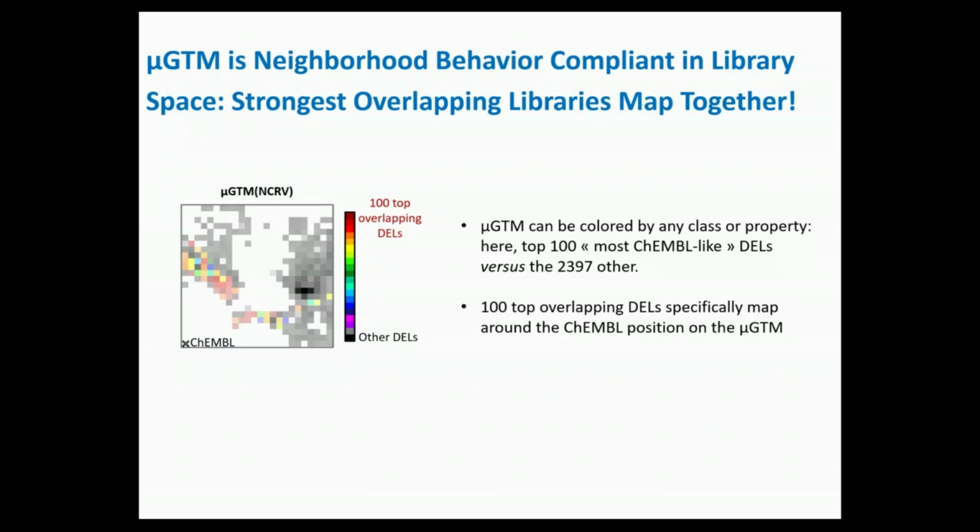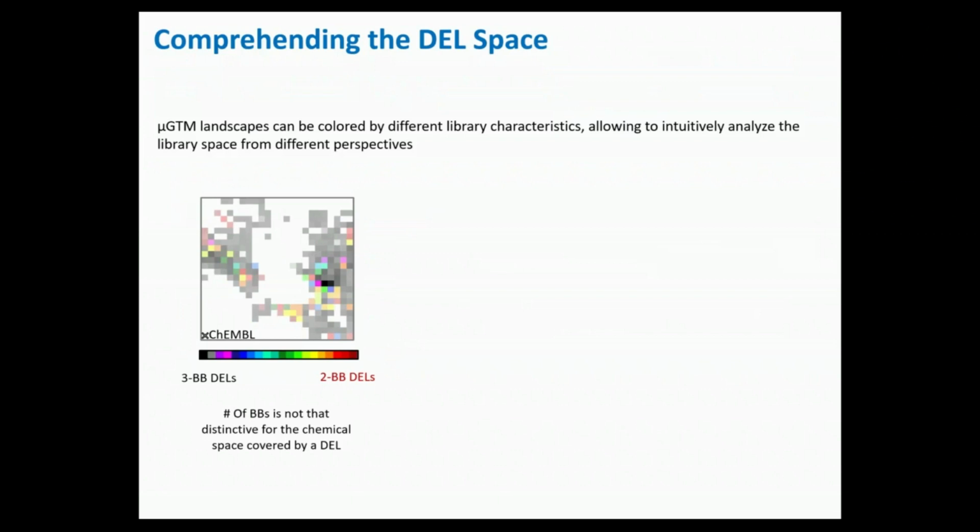So now we can start coloring by other properties. For example, we could classify the DELs as a function of the number of steps that are involved. There are 3 building block DELs and there are 2 building block DELs. And well, there's no real trend here. The library space doesn't seem to be split according to the number of building blocks, which actually makes sense because the number of building blocks is a relative issue.